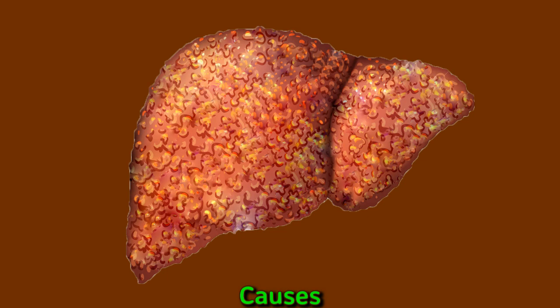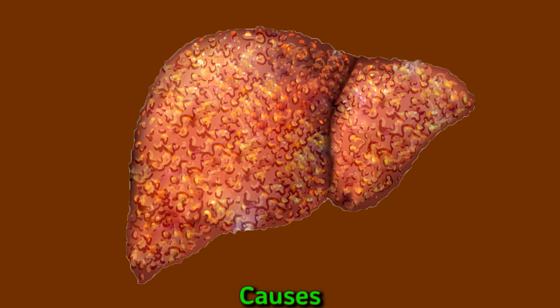Chronic liver failure. A common cause of chronic liver failure is alcohol-related liver disease, which results from a person drinking excessive amounts of alcohol over a long period. Alcohol is responsible for almost half of deaths due to cirrhosis in the United States.